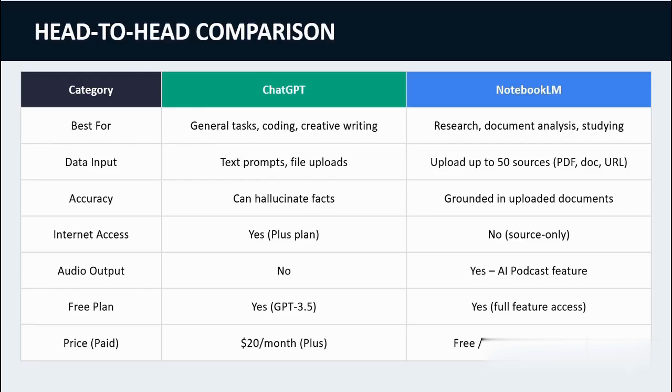Once we get started with the ChatGPT and NotebookLM test, we will clearly understand it. As per my understanding, I have put ChatGPT versus NotebookLM in a table. ChatGPT can be used for general tasks, coding, and creative writing, whereas NotebookLM is for research and document analysis. So let's test this through our video.